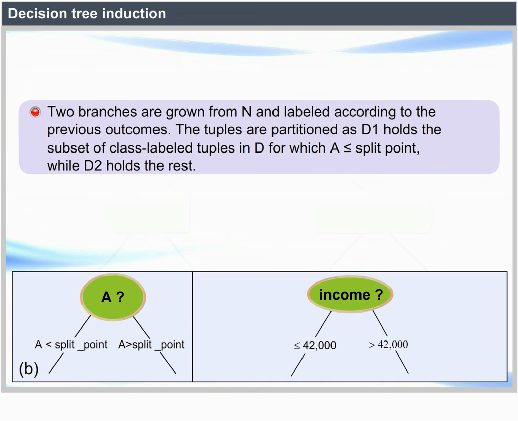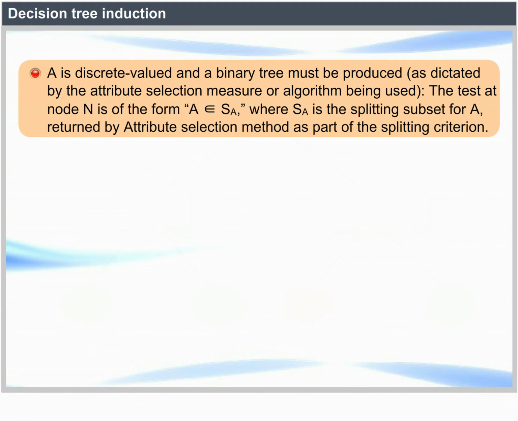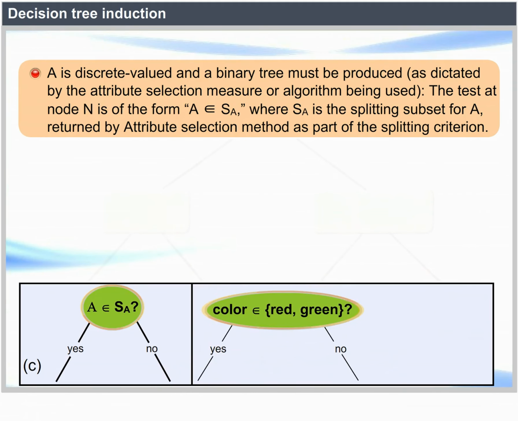The 2 branches are grown from n and labeled according to the previous outcomes. The tuples are partitioned such that D1 holds the subset of class-labeled tuples in D for which A is less than or equal to split point, while D2 holds the rest. A is discrete valued, and a binary tree must be produced, as dictated by the attribute selection measure or algorithm being used.